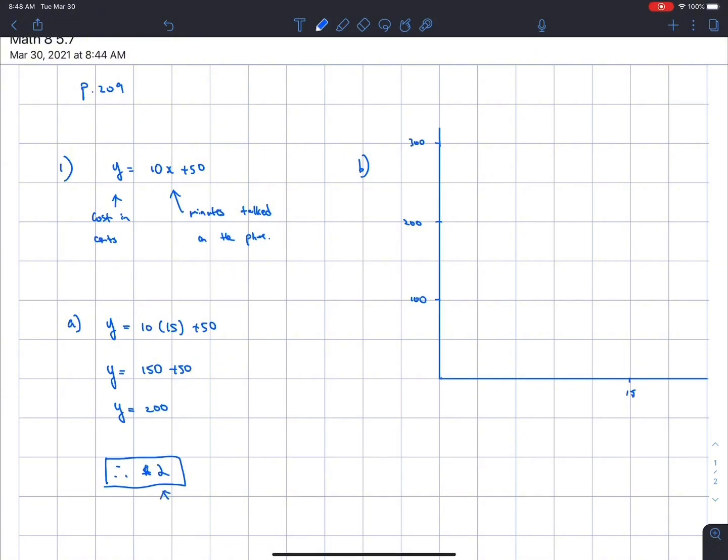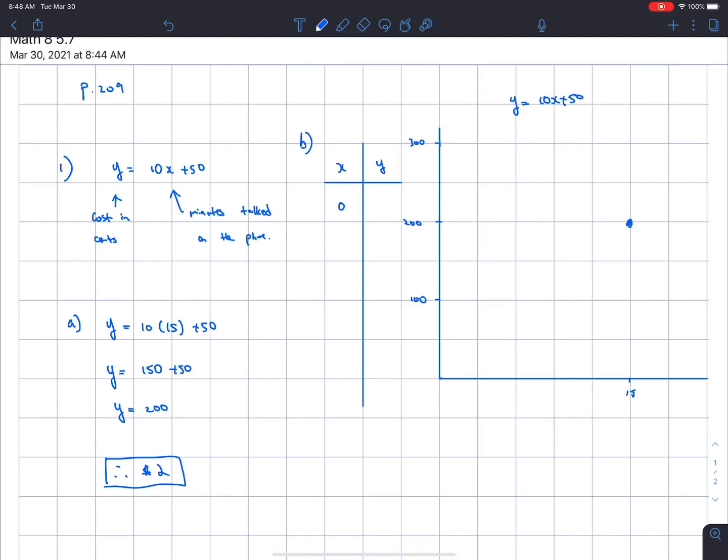Remember, it costs 200 cents to talk for 15 minutes, so I must have a point here. And then I just need one more point or two more points. So what I can do is make a simple table. This is x, this is y. The equation we are using is y equals 10x plus 50.